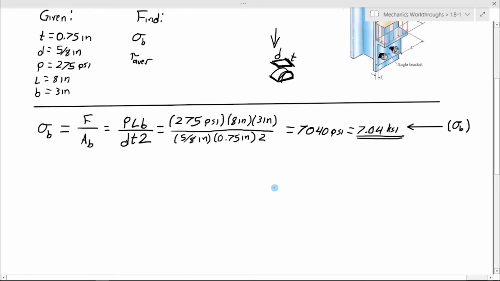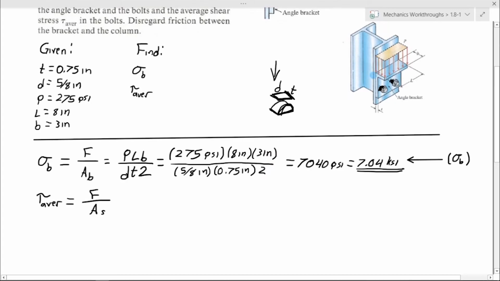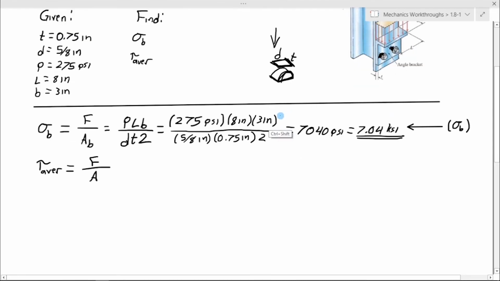And now we're going to do the average shear stress, which is going to be the same force but over a different area. So we're going to call this the shear area, so give it a subscript S. And this is going to be, instead of acting on the outer surface of this cylinder, over the cross section of the cylinder.